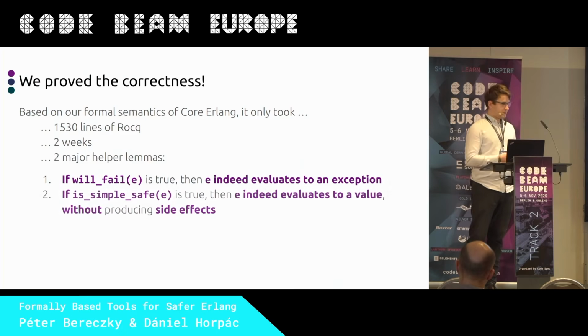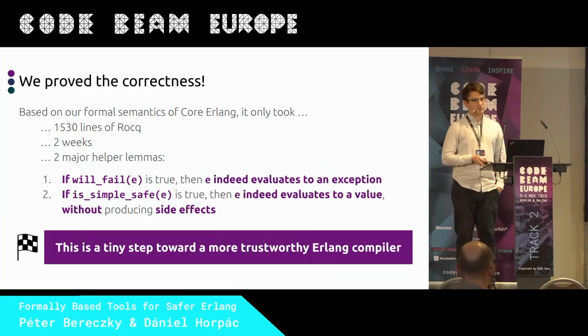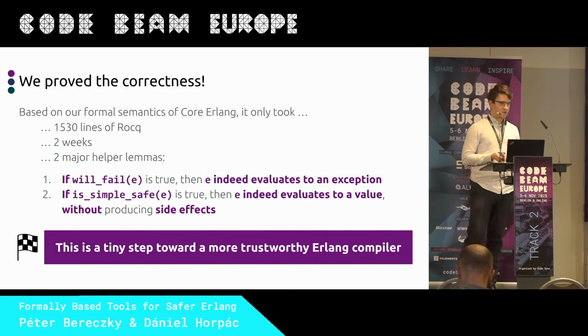And the second one is about the other predicate, which when it returns true, then this expression indeed evaluates to a single value without producing any side effects. And based on that, we managed to compose the proof of this simple case into a bigger optimization. And this can be seen as a tiny step towards a more trustworthy Erlang compiler.